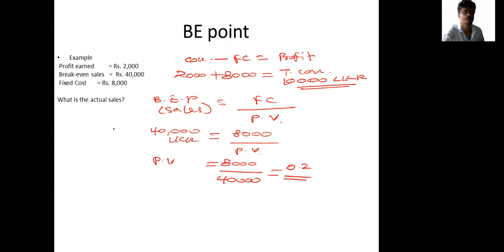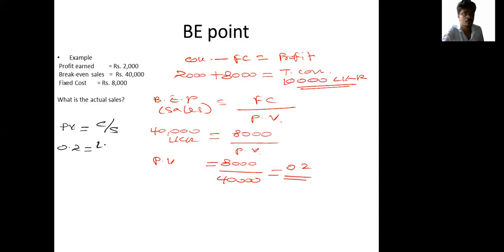Now we know the PV ratio and we know the contribution. Then we can have the sales. How to get the sales? PV ratio equals C over S. Here PV ratio we know is 0.2.